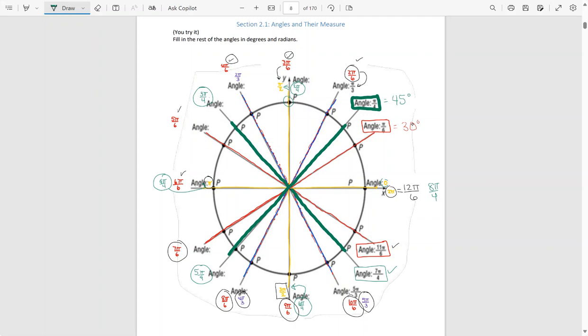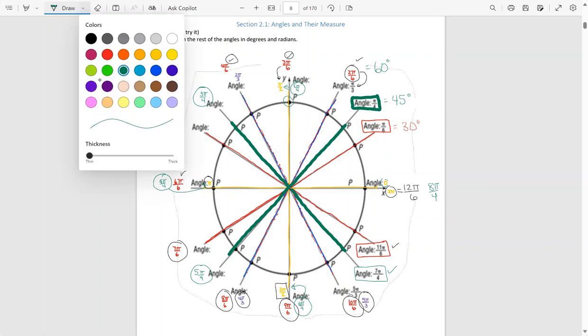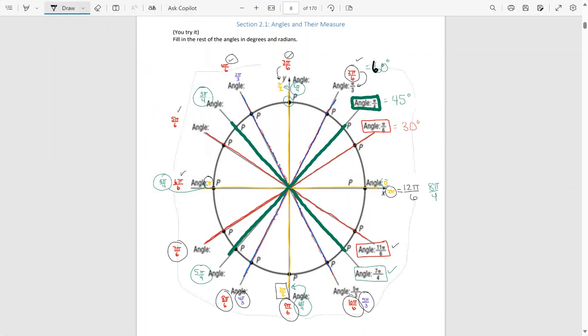So now you can go back and write in 30 degrees, 45 degrees, 60 degrees. Let me make this a little bit thicker and black. All right, so we got 60 degrees. So when I count by my 30s, I got 30, 60, 90, and I'm hitting again the outside spokes. Add a 30 to it, 120 degrees, outside spoke of 150 degrees, 180 degrees.